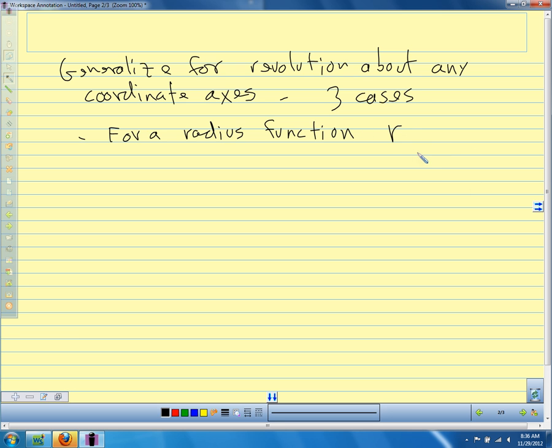For the equation of a surface of revolution, my first case is we revolve about the x-axis.